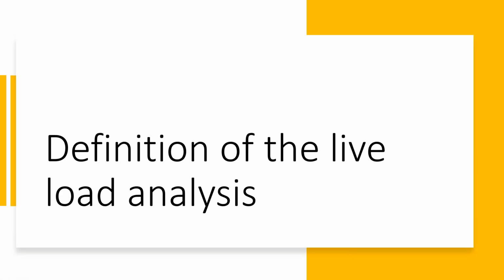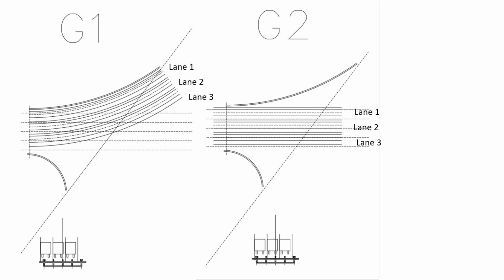So now I'm going to talk a little bit about the definition of the live load analysis. In Microstation, I make some sketches defining the lane loads, the traffic lanes, trying to find the maximum forces that can be acting on the girder.